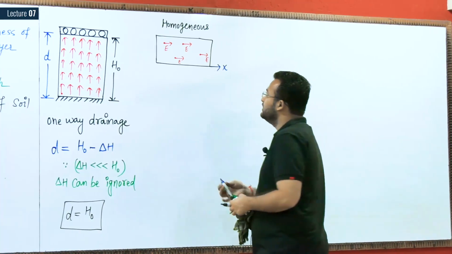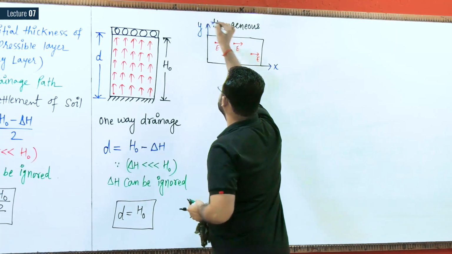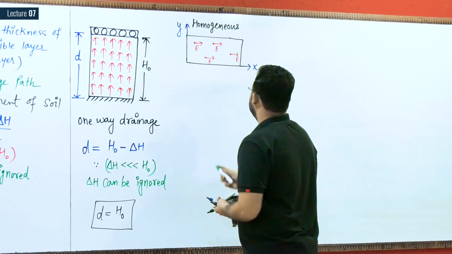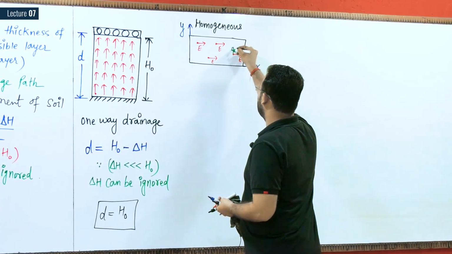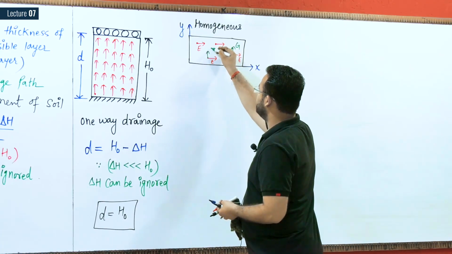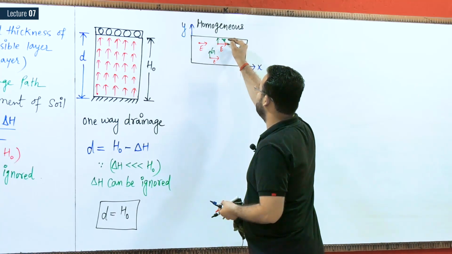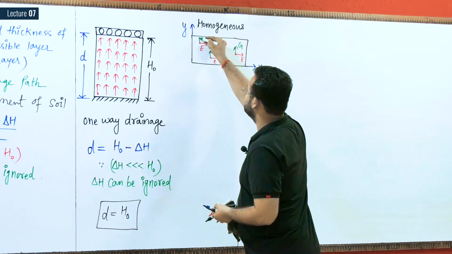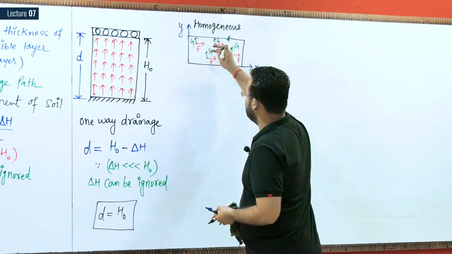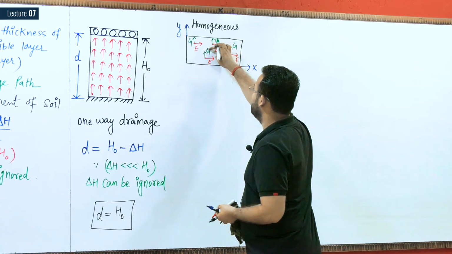Now suppose I have a y direction, something like this. In the y direction, suppose we have property G. Then at this point also in the vertical direction we have the property G. So in the given direction, again at each and every point the property of the material is same.